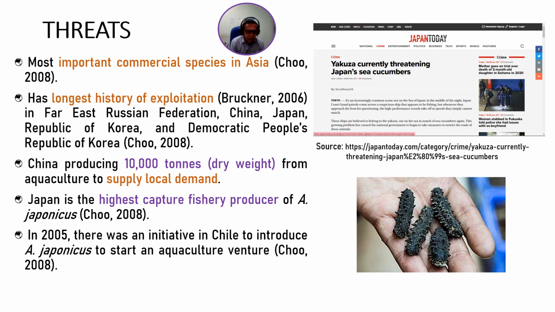Japanese spiky sea cucumber is the most important commercial species in Asia and has the longest history of exploitation. China has been producing 10,000 tons of dry weight from aquaculture to supply local demand. The highest capture fisheries producer of this species is Japan.